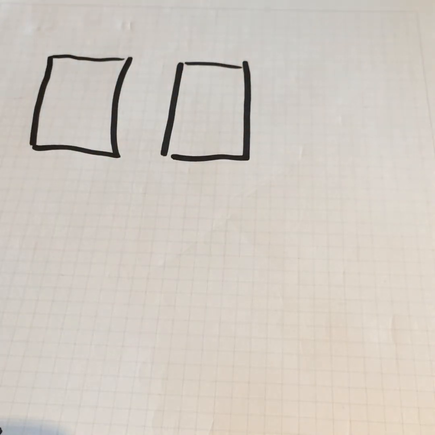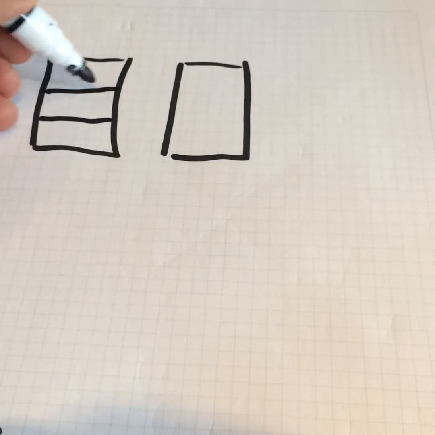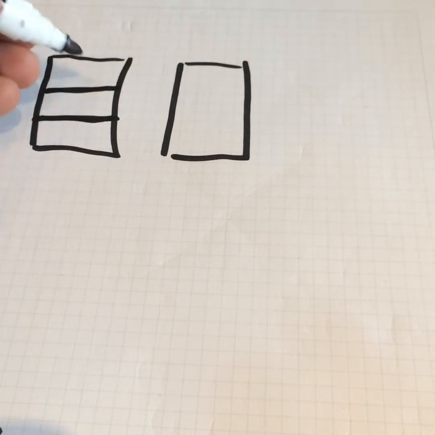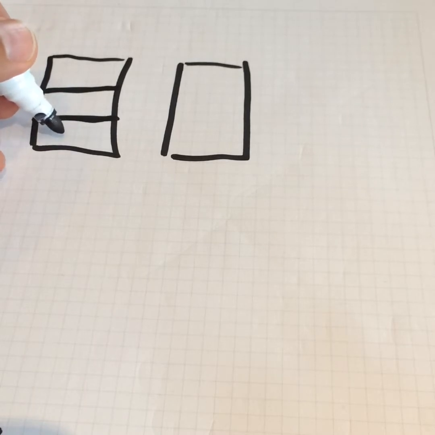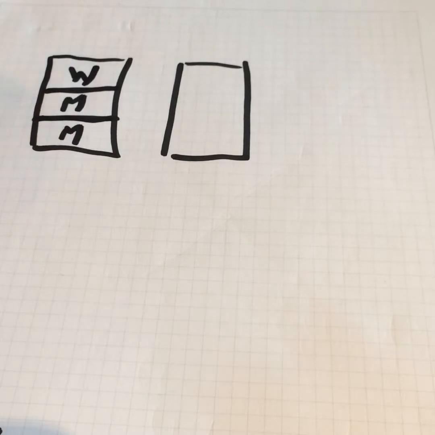Now, if the first glass has a mixture of milk and water in a proportion of 2:1, that means there's 3 parts in total, right? 2 of which are milk and 1 of which is water. So why don't we draw 2 lines to suggest that this glass is 3 parts, and 2 parts are milk and 1 part is water.